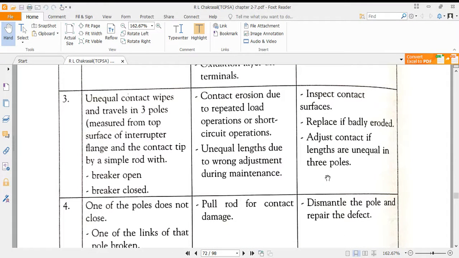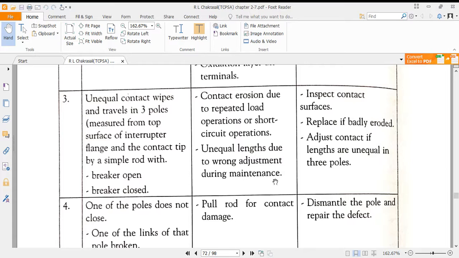Next, unequal contact wipes and travels in the three poles. All three contacts of the three phases are not moving simultaneously. This is because of contact erosion due to repeated load operations or short circuit operations. It's a mechanical cause.